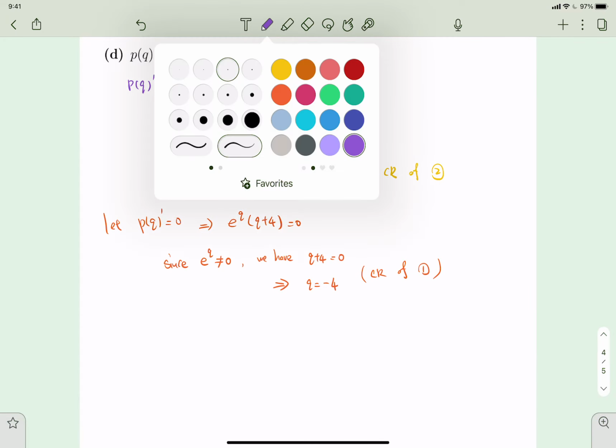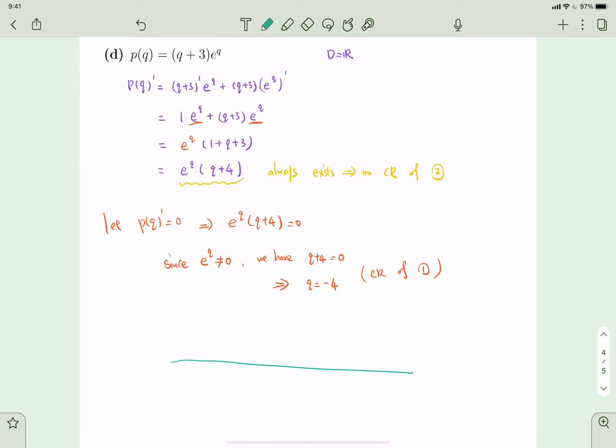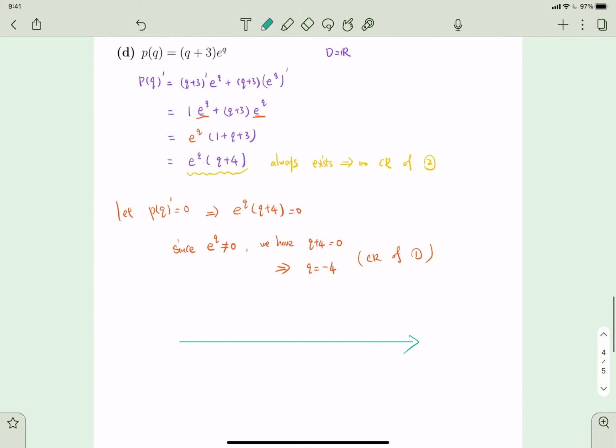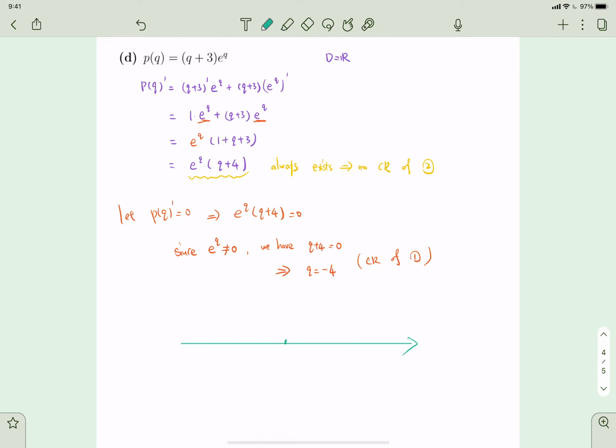Now after this, we graph the number line and place our critical number here, negative 4, right? And then we're going to test the derivative, maybe at negative 5. The derivative there is less than 0. Then at maybe negative 3, you plug in and see this expression here, that is positive.